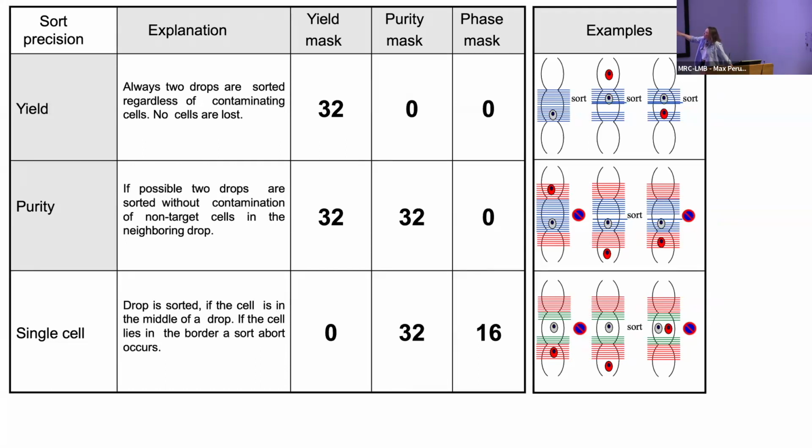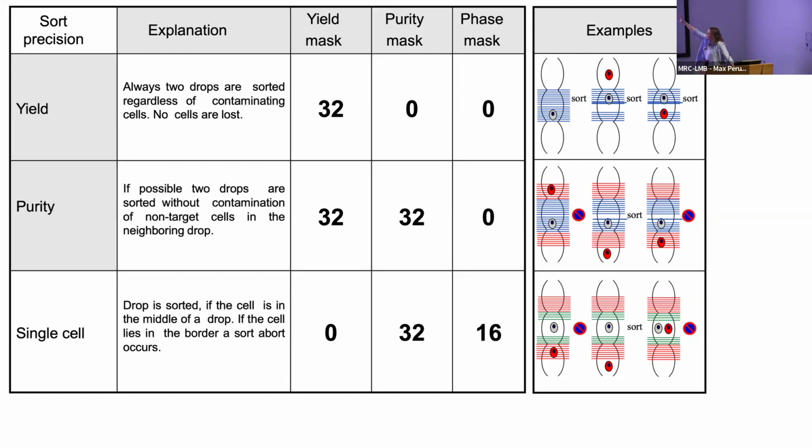Purity mode is quite different. The purity mask is set to 32. So if you look at the first scenario on the left, the non-target particle that's within that masking of the previous drop means that it will not sort the target particle, because that non-target particle is so close that it may drift into the drop of the target particle.